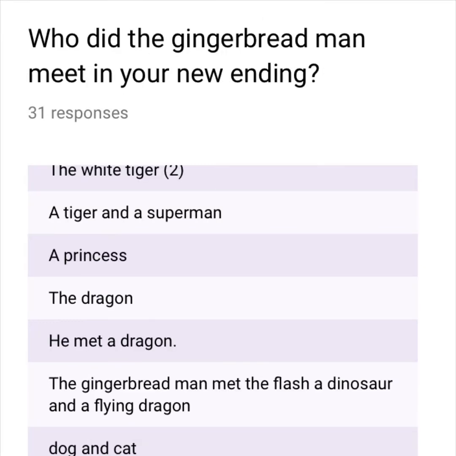They also shared who they wanted the gingerbread man to meet in their new ending, so that teachers may check their ideas and clarify any misunderstanding. For example, teachers may bring up the problems of having too many new characters in their story. They can remind students that if there are too many new characters, the interactions between the characters may be too complicated and it may be hard for the readers to understand.